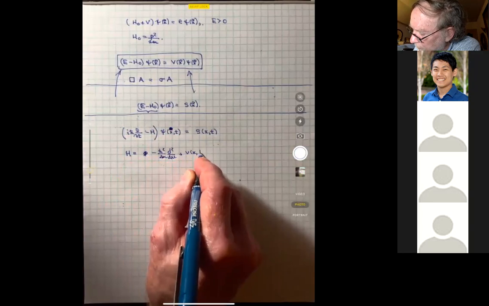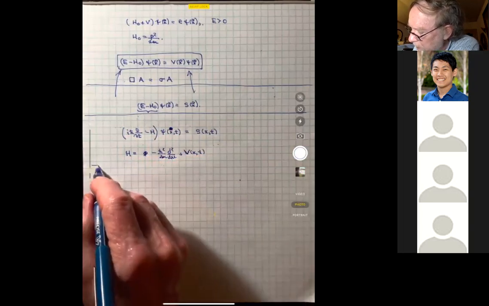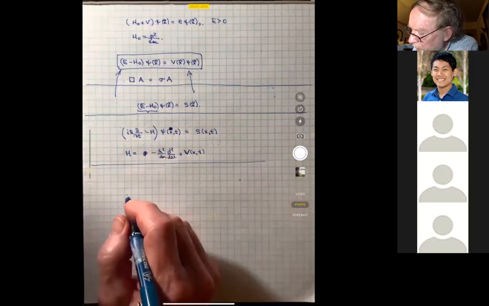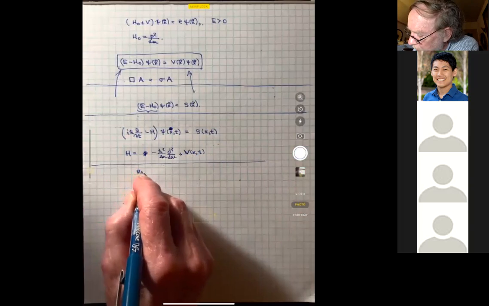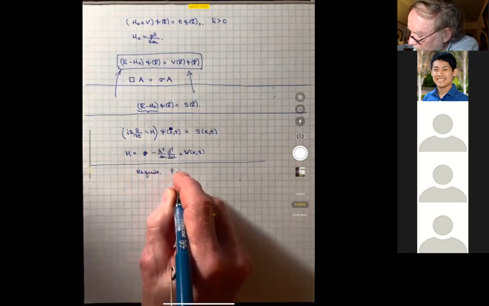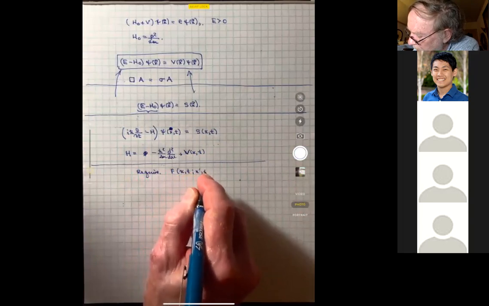We can make it a 1D problem and allow the potential to depend on time because there's no reason not to. Let's say that we want to solve this problem. In order to do so, we require a Green's function. And I'll call the Green's function f. It depends on x and t and x prime and t prime.